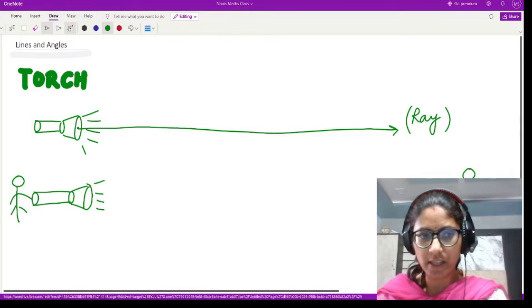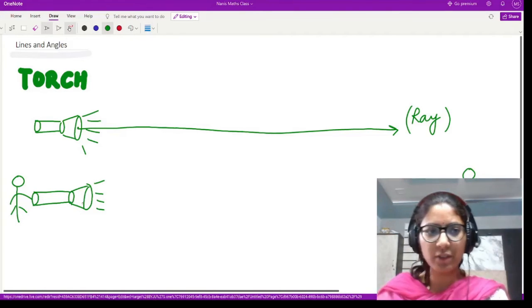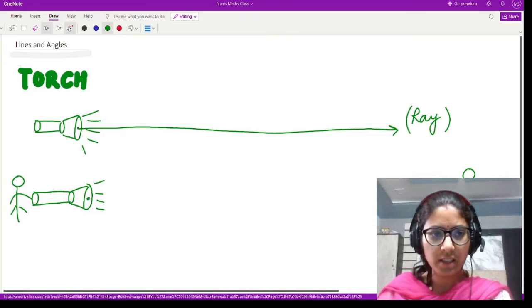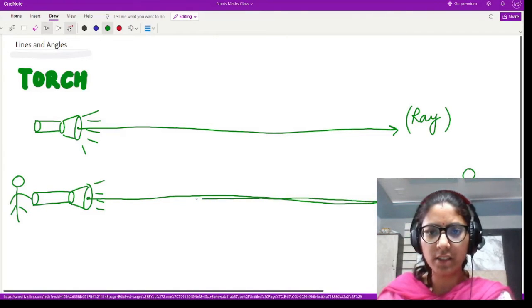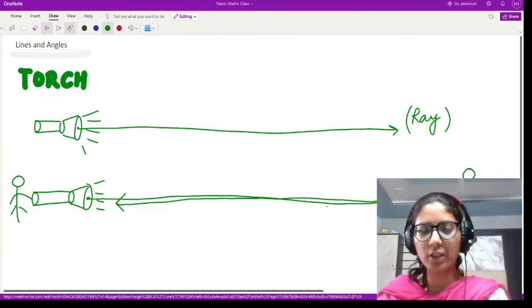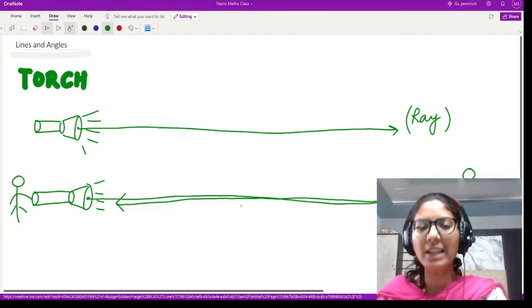Both the torches would give you a ray. This ray would start from this point and go like this forever, and another one would start from here and go in this direction. Obviously they will exactly lie on top of each other.